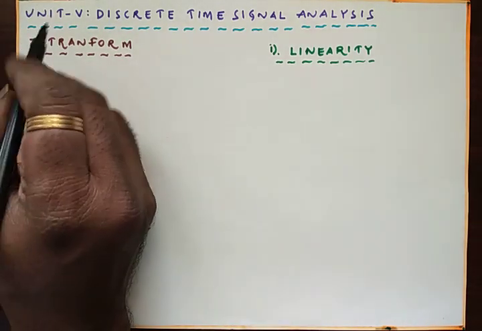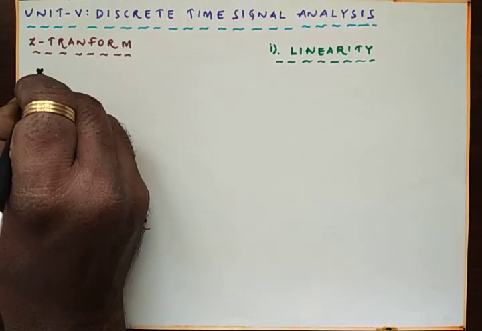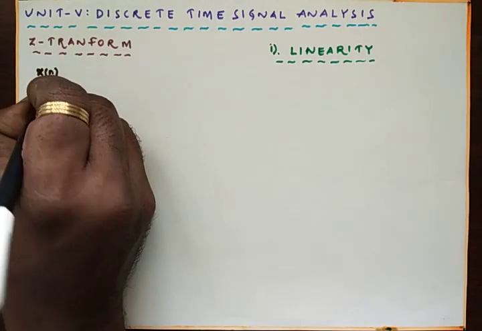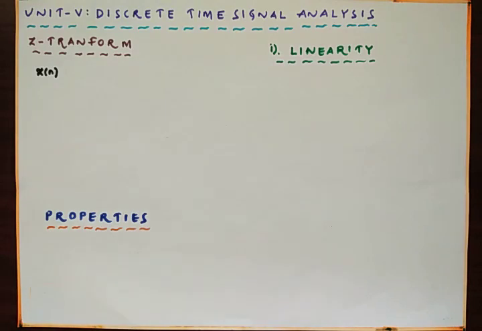If I want to determine the Z transform of x of n, where x of n is a discrete time signal, then I can go with the equation.